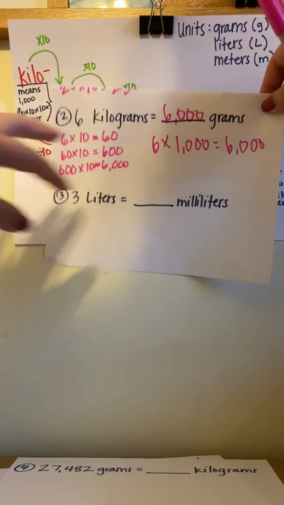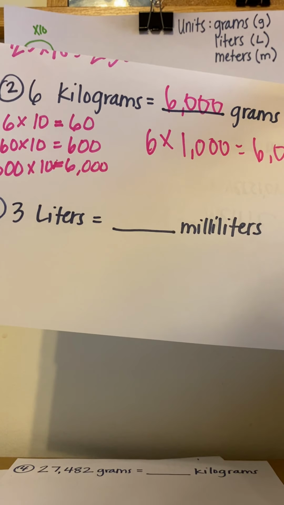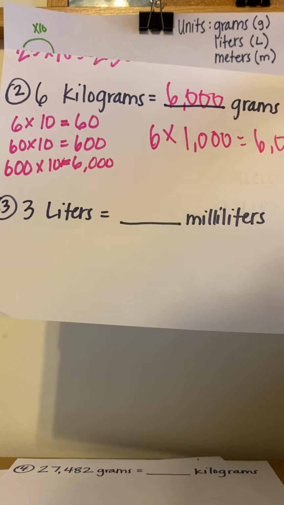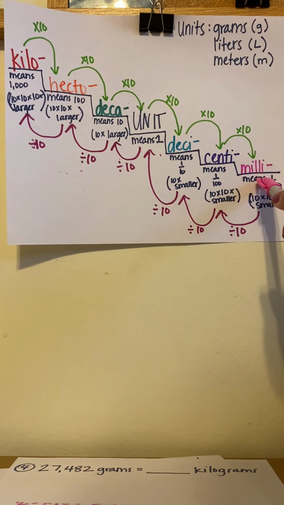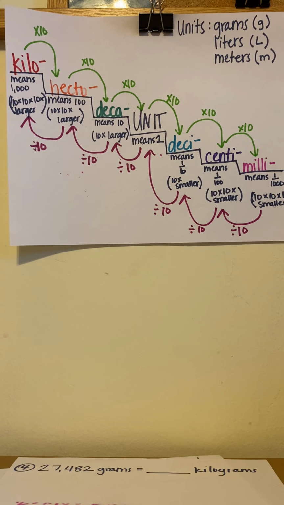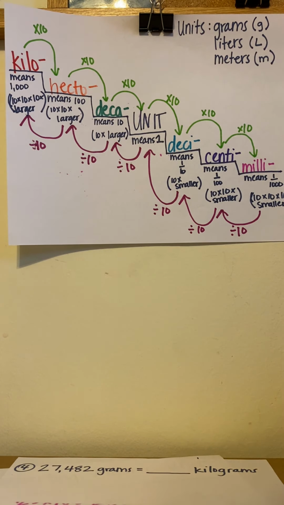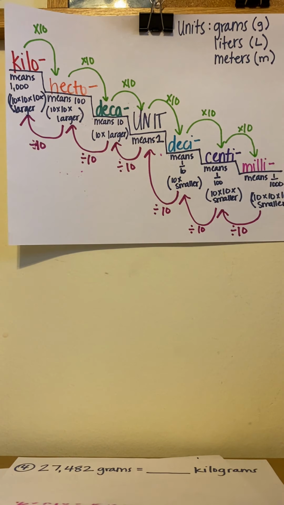Okay, and then let's look at this last one. If I have 3 liters and I want to get to milliliters, my liter is that main unit that sits in the middle. And now I've got to go all the way down to milli. So again, still going from a bigger unit to a smaller unit. So I'm multiplying times 10, times 10, times 10.